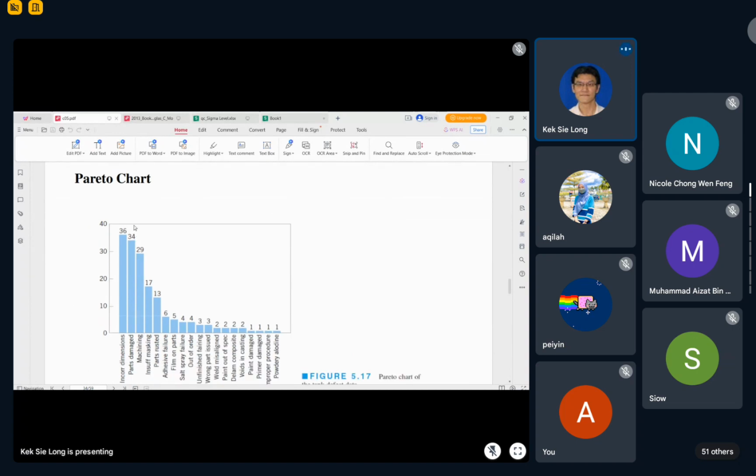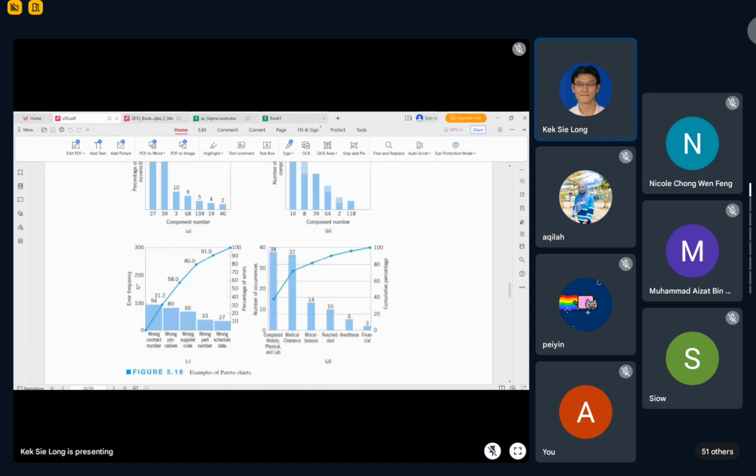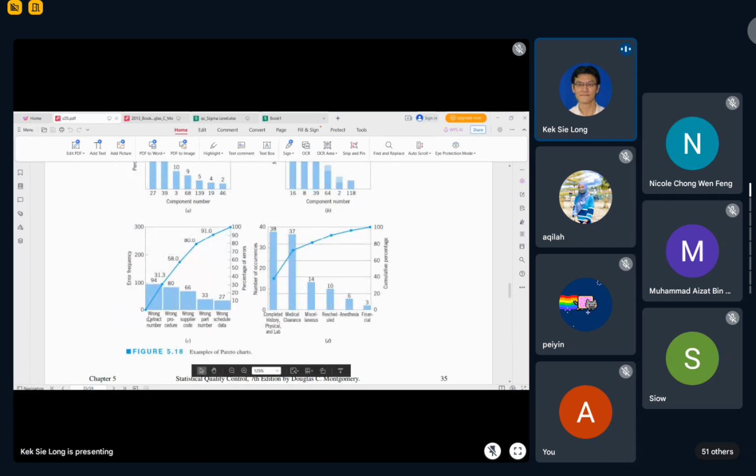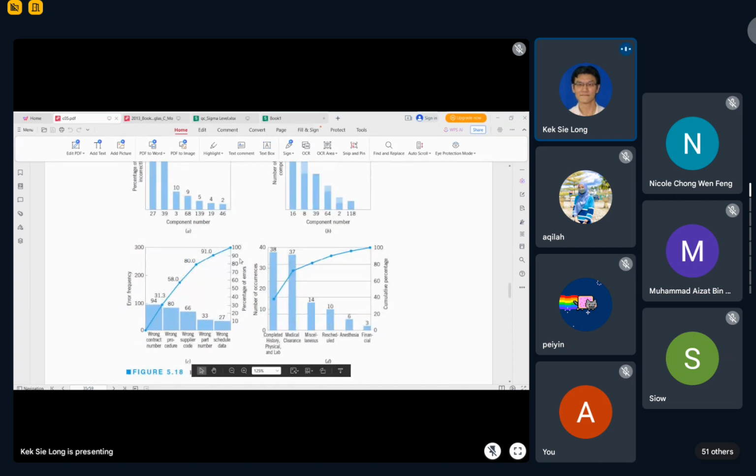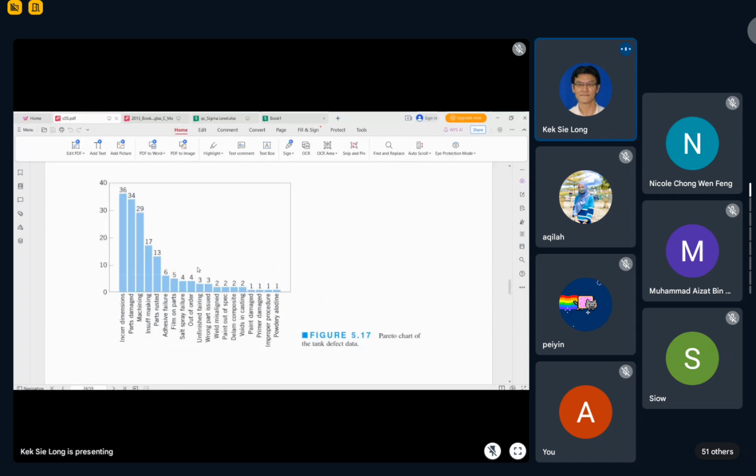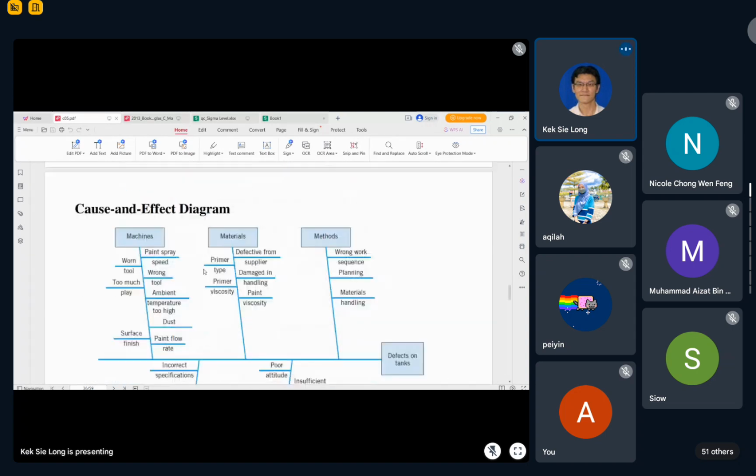Although this chart does not have any curve line, actually if we draw a line, you get an exponential curve. From 36 reduced to 1 is an exponential curve line. If we do not put the line, from the histogram we can also get the Pareto chart. This is what I meant, Pareto chart with the line and without the line.